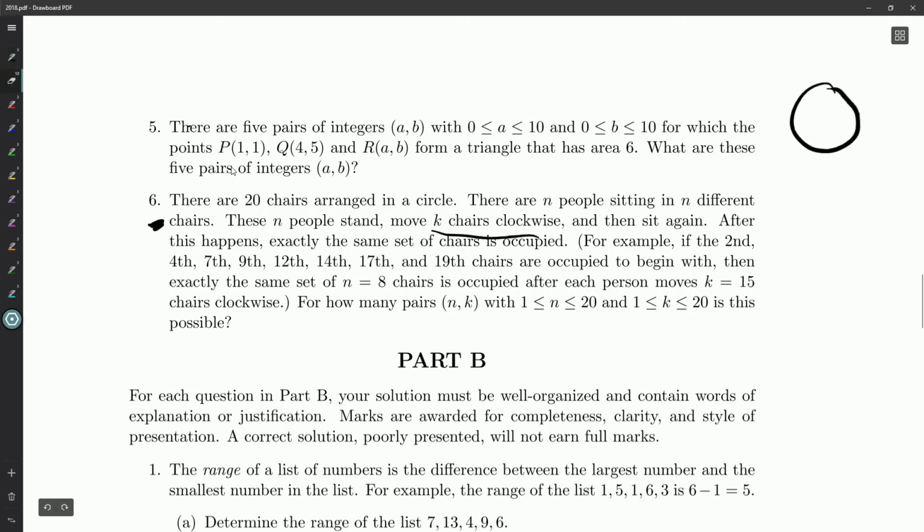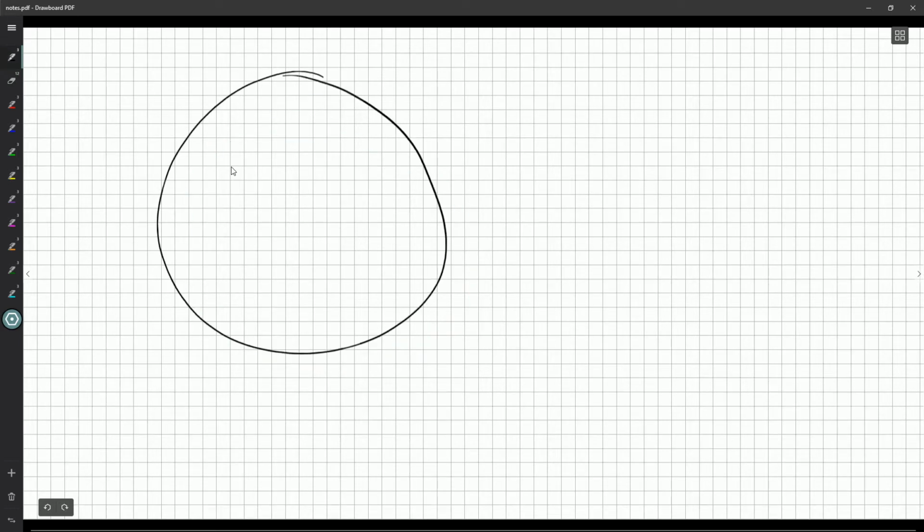Oh, they're giving me some chairs. I want to just be able to visualize this, so I'll scribble it off in the margin. I don't really have the space. What is it? 2, 4, 7, 9, 12... I'm not going to remember that. Let's draw a picture. I want a better circle to start with. There we go. 1, 2... Opposite 1 should be 11, 12.